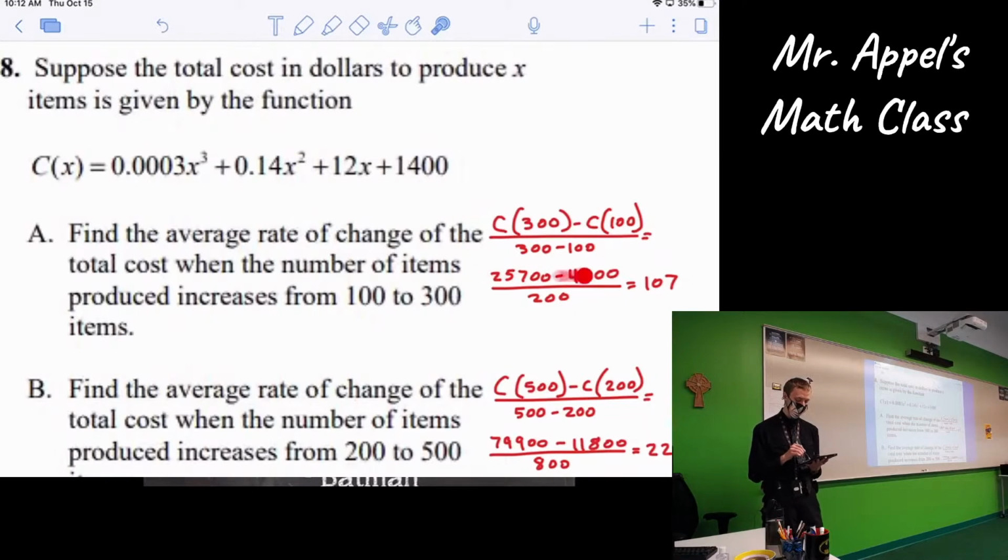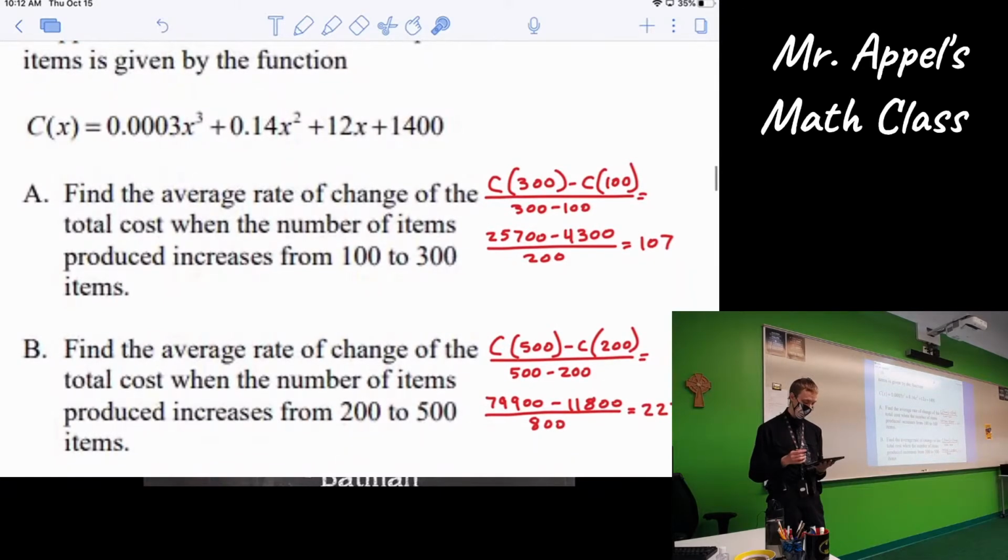Take the difference of those two results, divide by the difference between item numbers. And I get 107 this time. And the second one, now from 200 to 500, putting those in, I get 227.